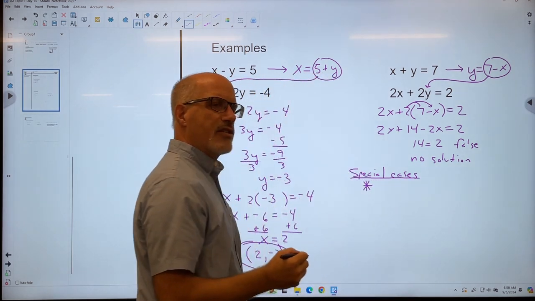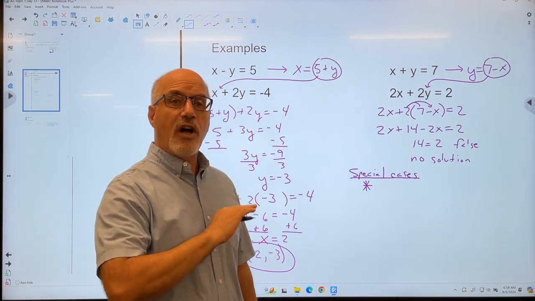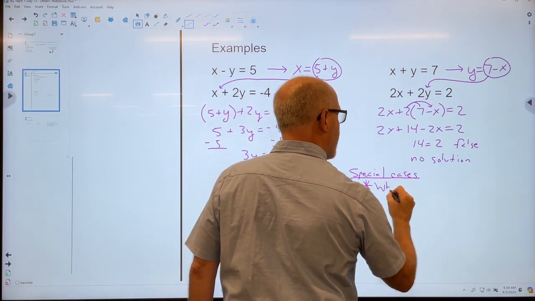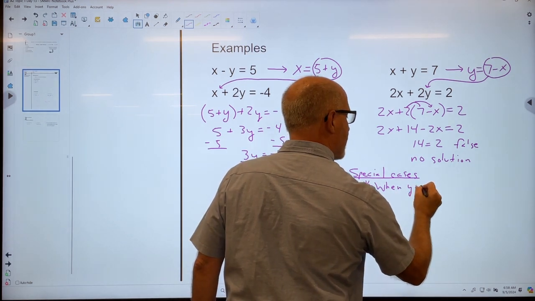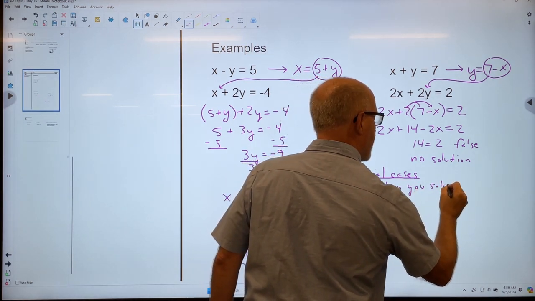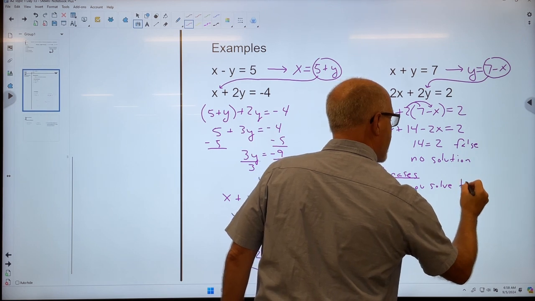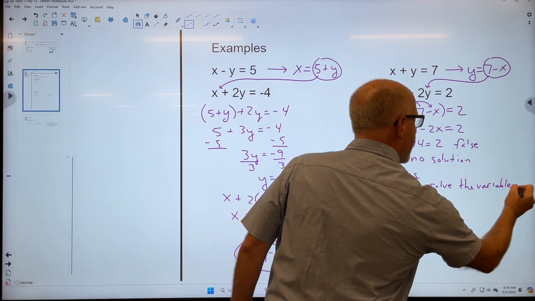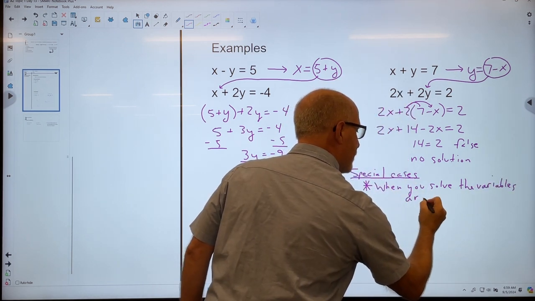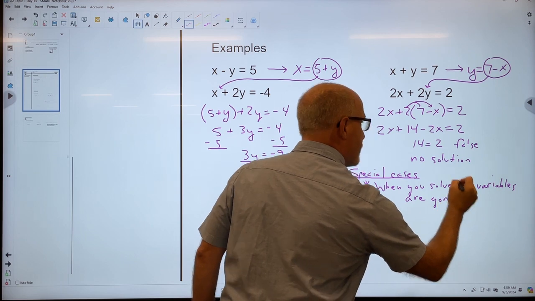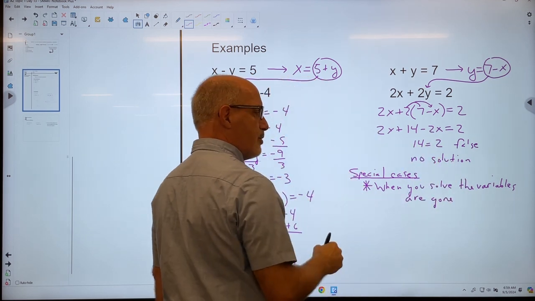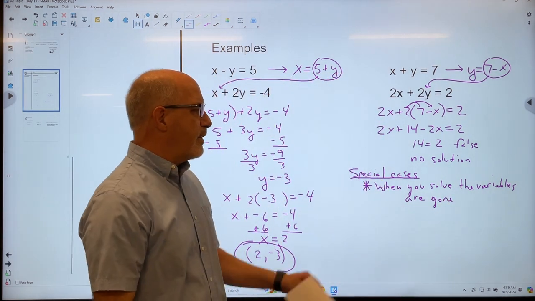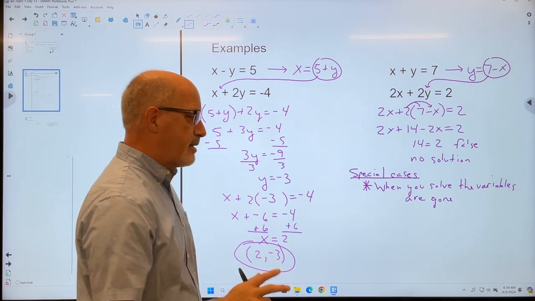The special cases are when you solve, all the variables are gone. So no more variables in the statement like this 14 equals 2. All right, so if you solve and all the variables are gone, there's two cases.